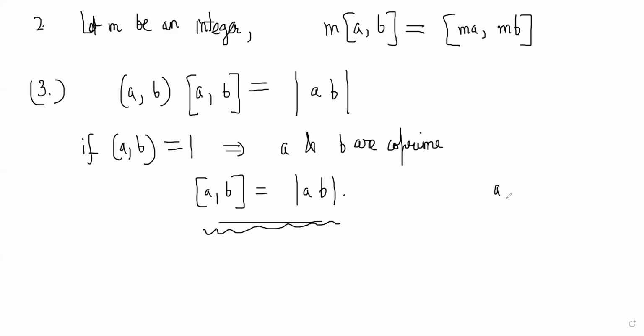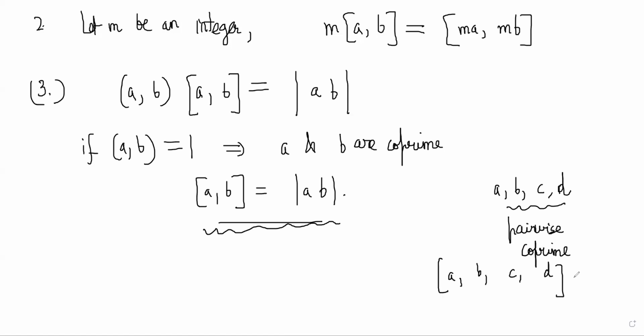If you have multiple numbers A, B, C, D, and so on, which are all pairwise co-prime, then their LCM is simply the product of these numbers. Okay.